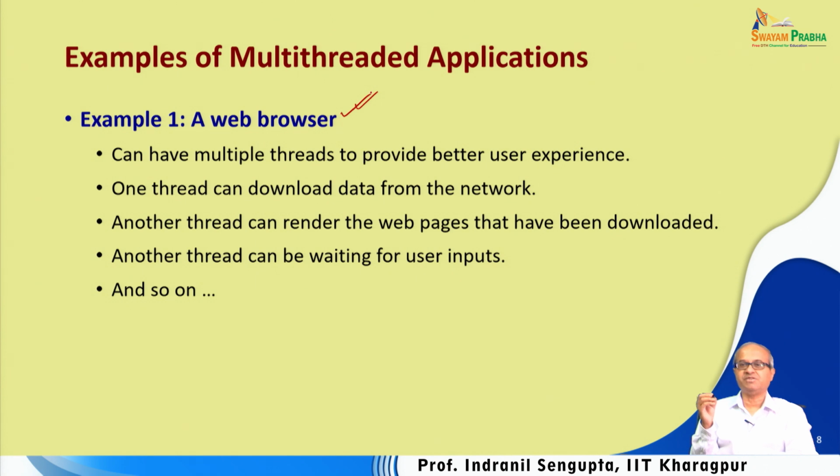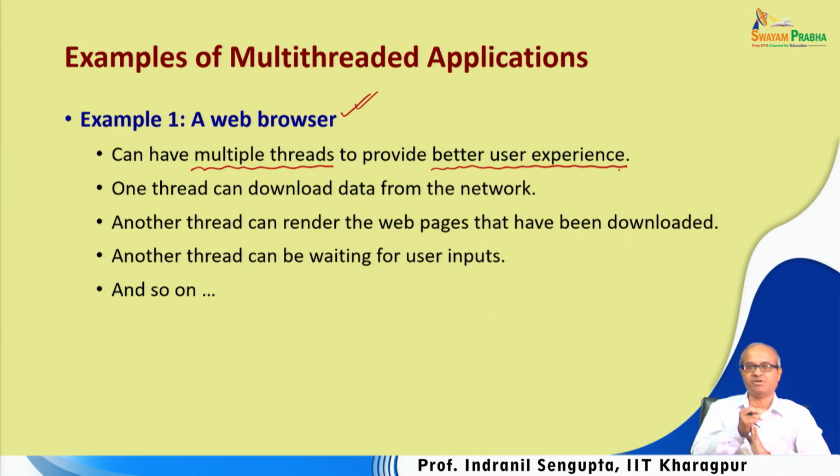So, what browsers do, the browser application has support for multiple threads, where each thread has some dedicated functionality. The primary reason is to provide a better user experience. This is most important. Nowadays, users are not that concerned about how fast my computer is, but how responsive my computer is when I give some command.